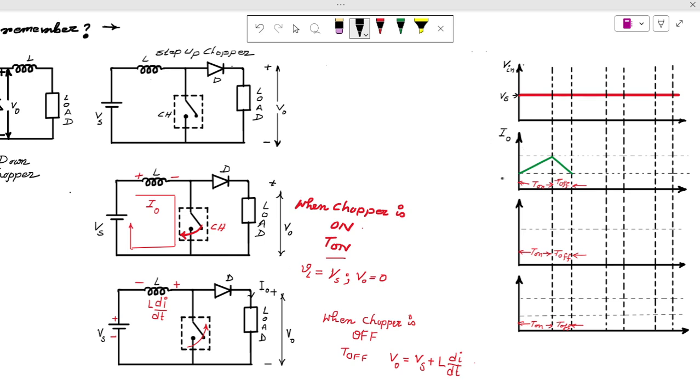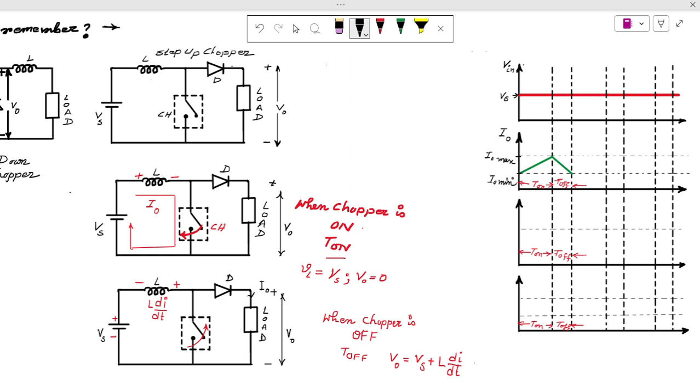So this value will be from I0 min to I0 max. So current will vary from I0 min to I0 max.